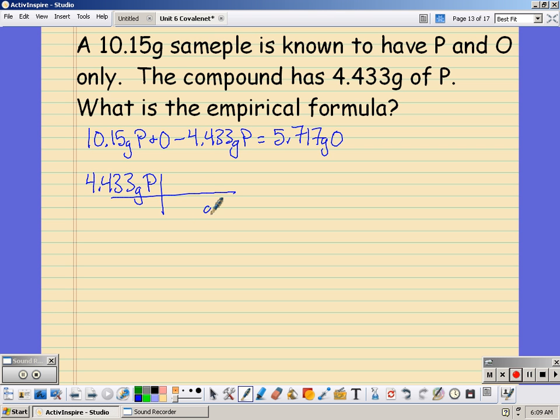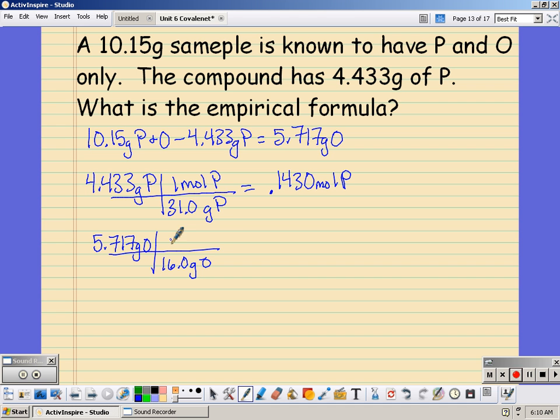So grams of phosphorus on the bottom, mole of phosphorus on the top. 1 goes with mole. The molar mass of phosphorus is 31.0. Molar mass of oxygen is 16 for every 1 mole of oxygen.